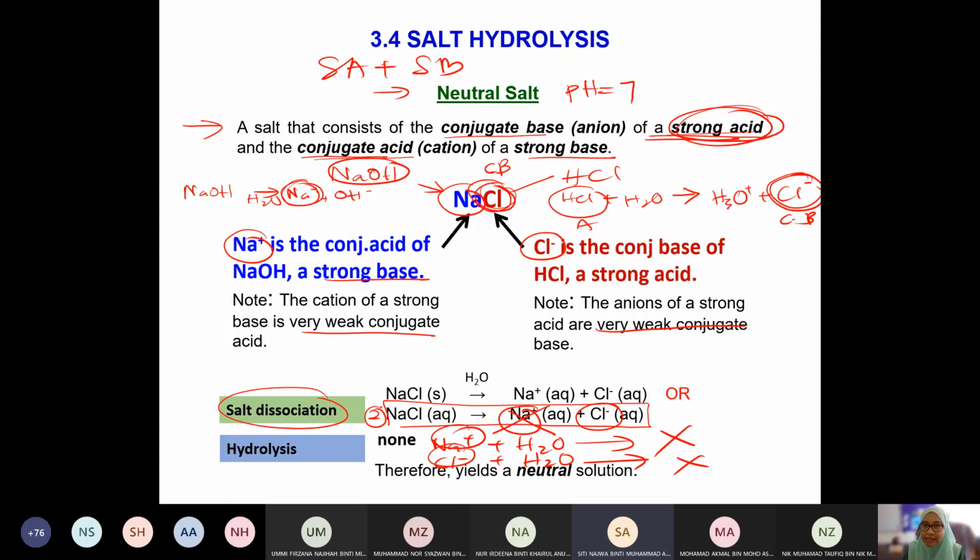Therefore, the pH is still the same. The pH of pure water still remains 7. Okay, because these two ions are very, very weak conjugate acid and conjugate base. They will not react with water. Therefore, they produce neutral solution.